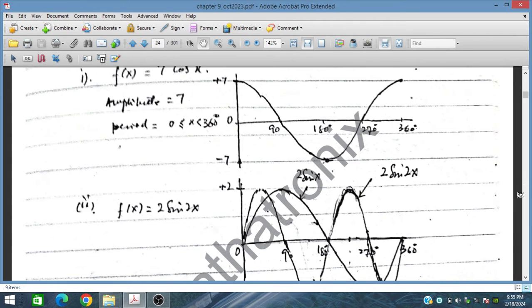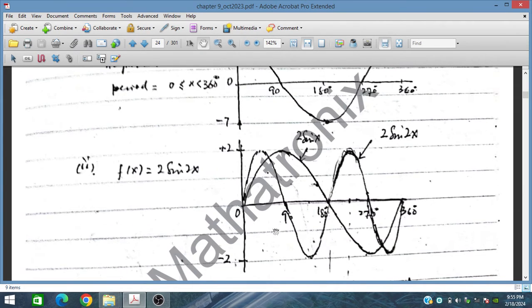In the second case, the function is 2 sine 2x, and the sine function is this. This is a simple sine function multiplied by 2. If we plot the sine function and multiply it by 2, we get this result. Sine x has a maximum value of 1, multiplied by 2 is 2.